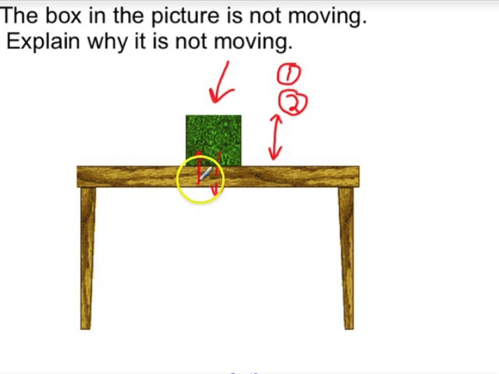And you can even talk about how the table's pushing up with the same amount of force that the weight's pulling it down, so they're balanced. There's no vertical motion. And there's no horizontal motion because there are no forces acting on it, horizontally anyway. So those are the two things you'd have to talk about to get full credit for this question.